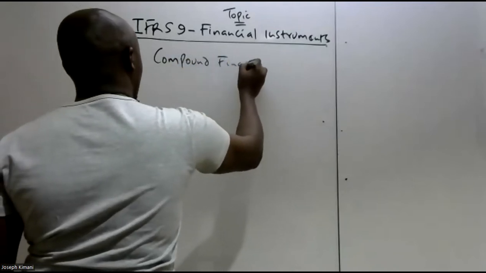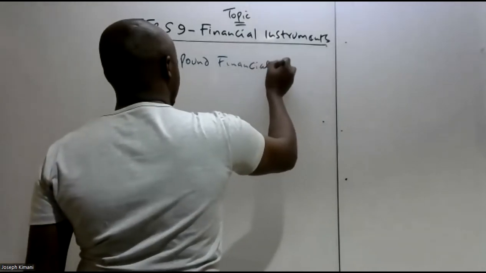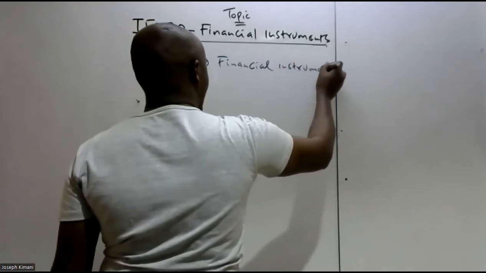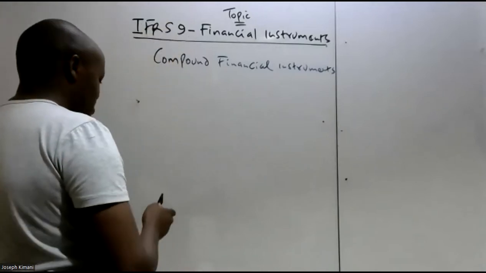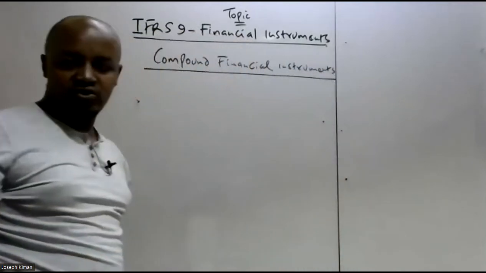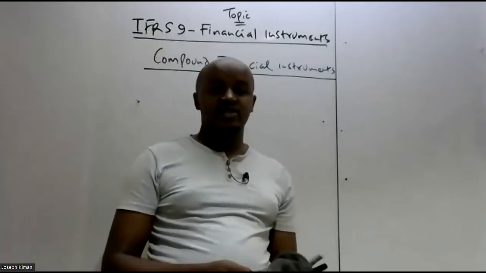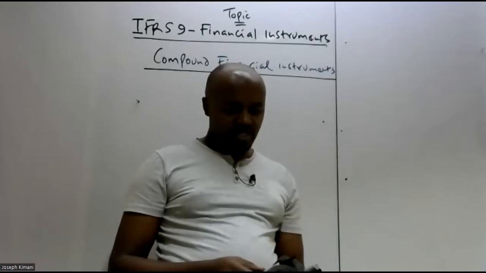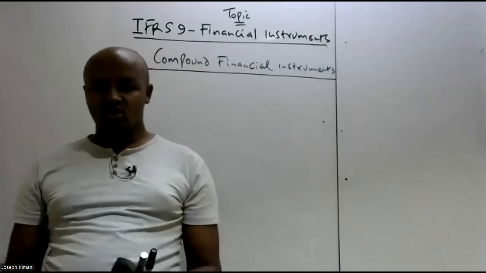Now, what are compound financial instruments? A compound financial instrument basically refers to those financial instruments which contain both an equity component and a liability component.